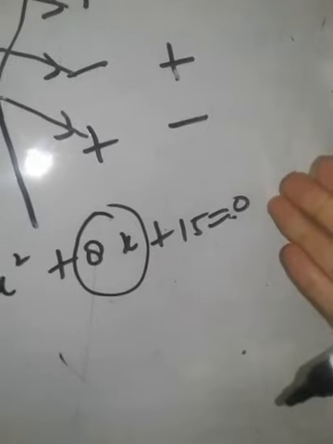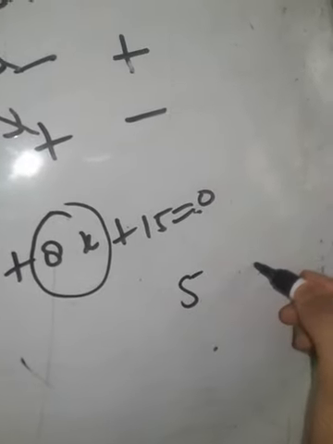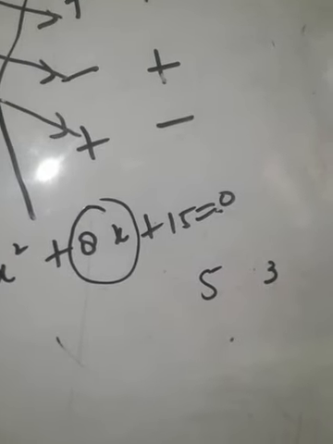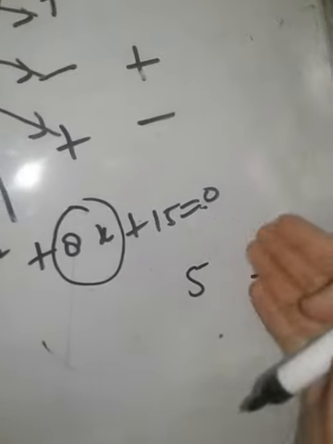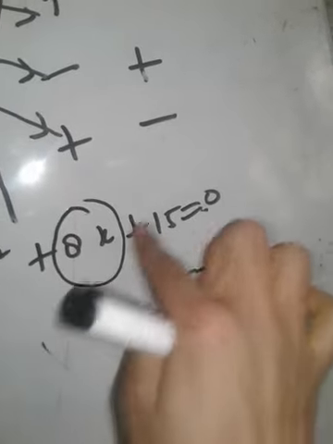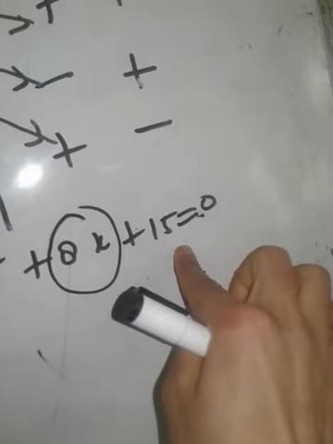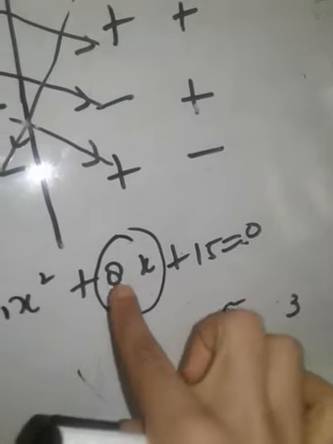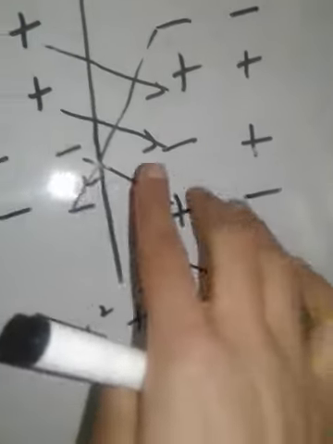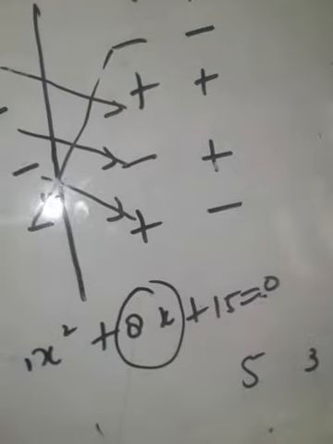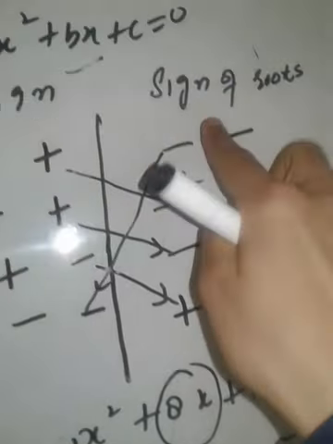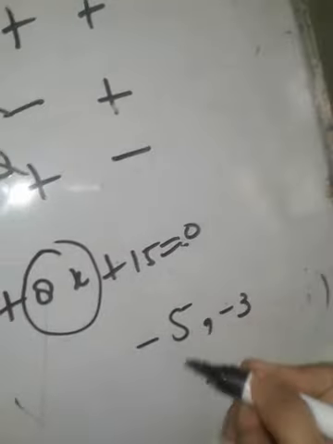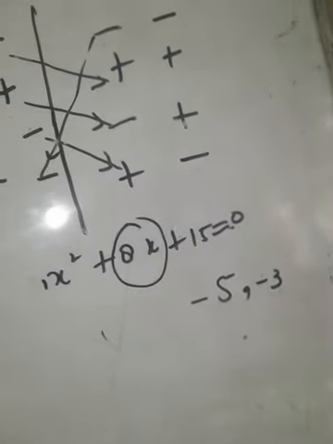That is 5 and 3. 5 plus 3 is 8, and the product is 15. Now I already told you, when the signs of b and the constant are plus plus, the signs of the roots are minus minus. So minus 5 and minus 3 will be the roots of this quadratic equation.